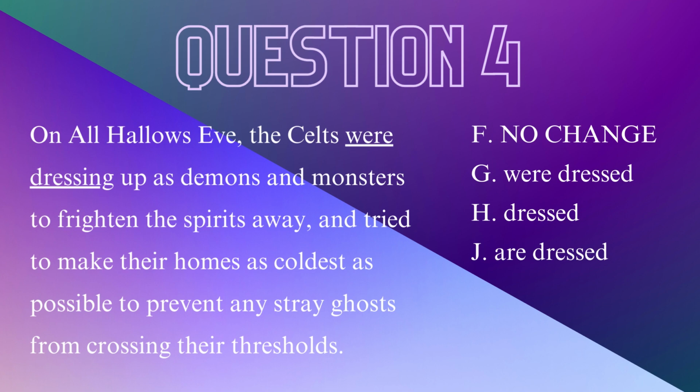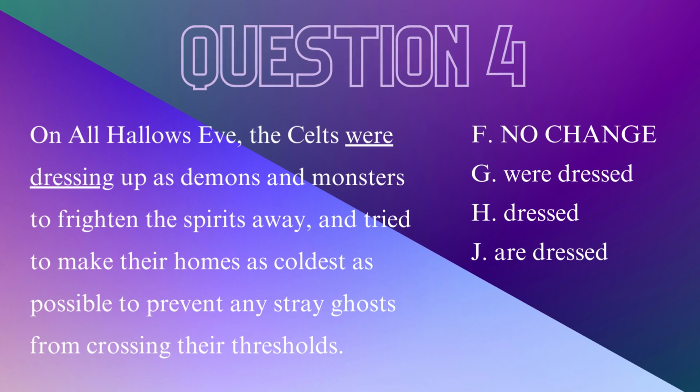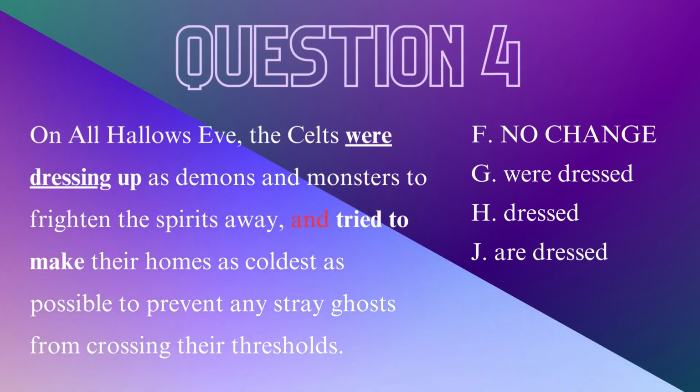Okay, look at this. What actions were the Celts doing? Look, the Celts were dressing up. Look what is after and. The Celts tried to make their homes. Okay, so I've bolded the next verb, tried to make. All right, notice how tried, it's ED, it's in the past tense. Do I have another helping verb before it?